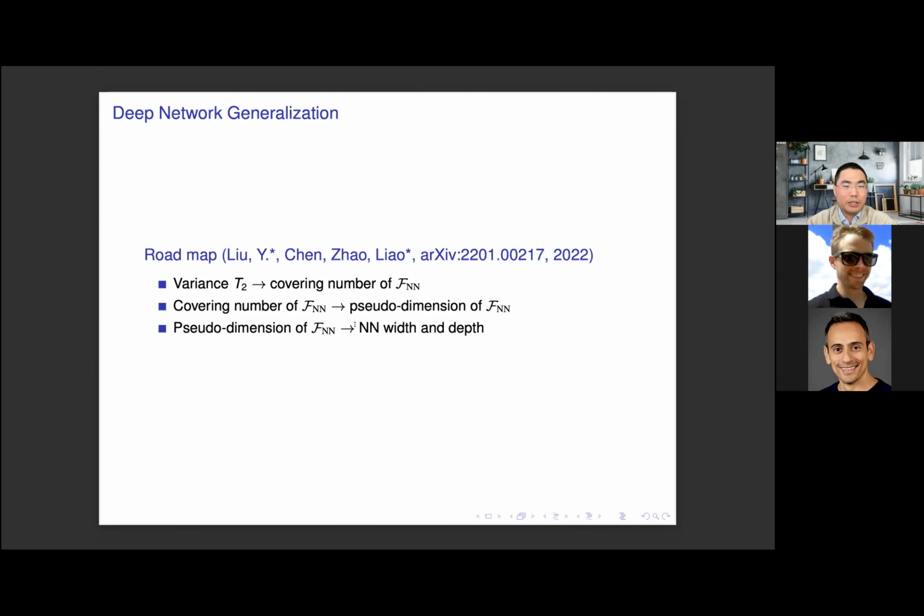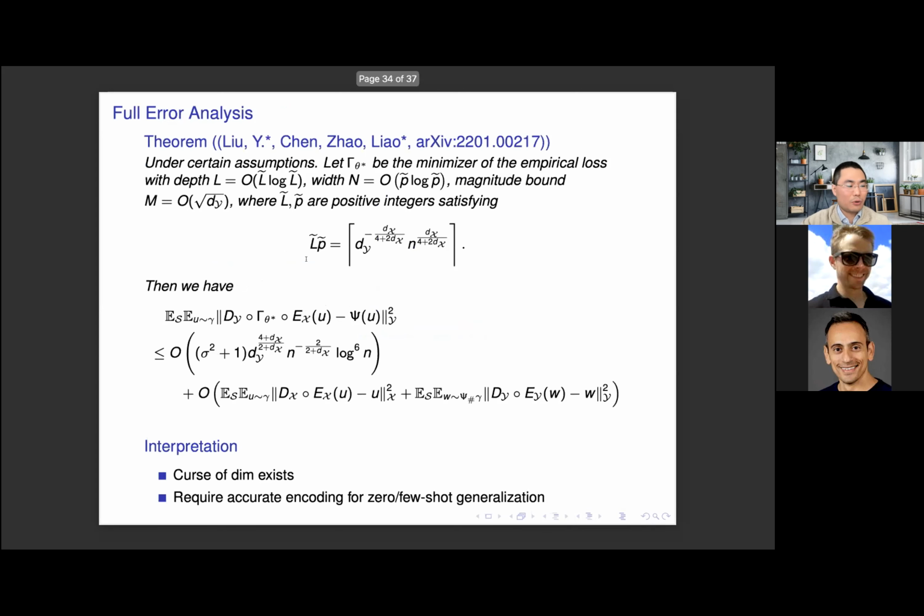Finally, we use the result for finite width and finite depth neural networks to bound the pseudo dimension of the neural network class of the same width and depth. Combining all the steps together, we can get our final theoretical results.